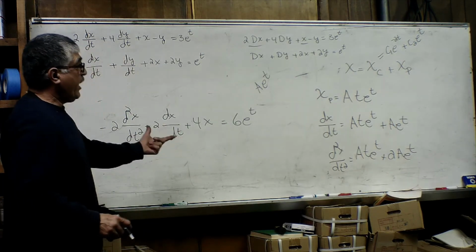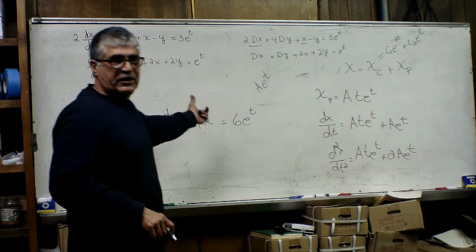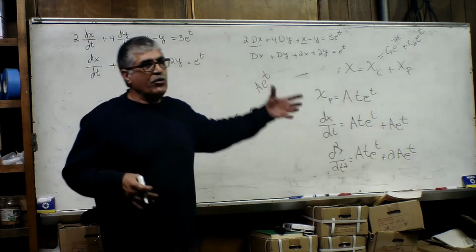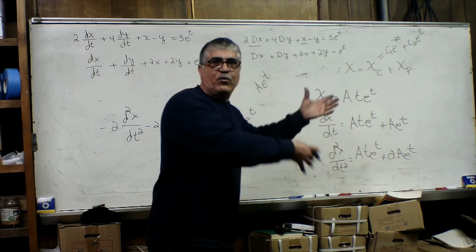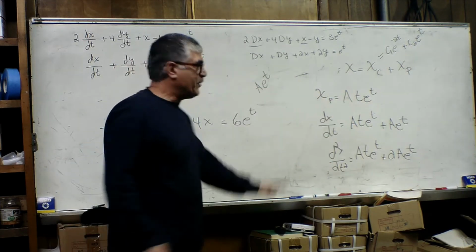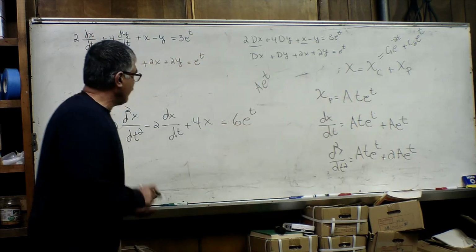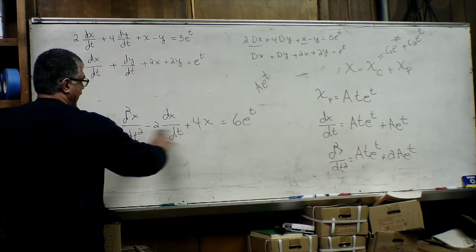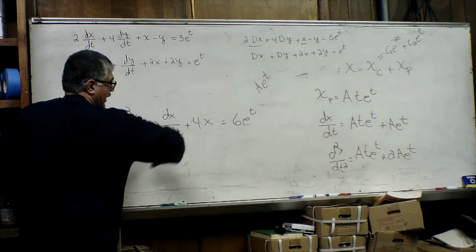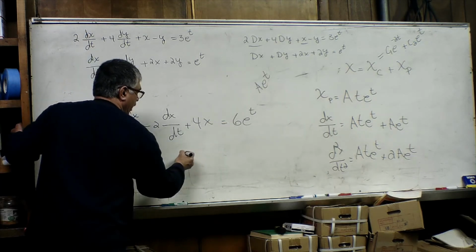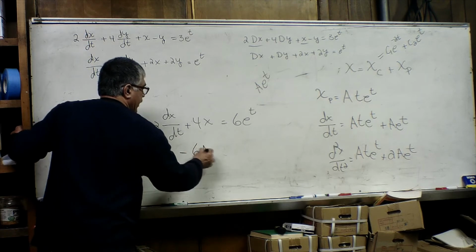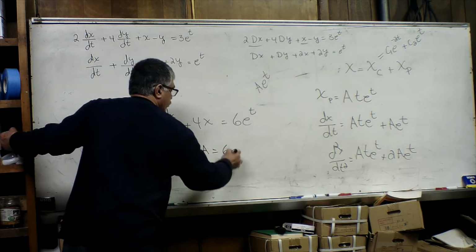we are going to have, I solved this problem this morning, and I am not going to do all the multiplication and subtraction. I will write the final answer. Once you plug this in, multiply by -2 and simplify, you are going to have minus 6a equal to 6e to power t.